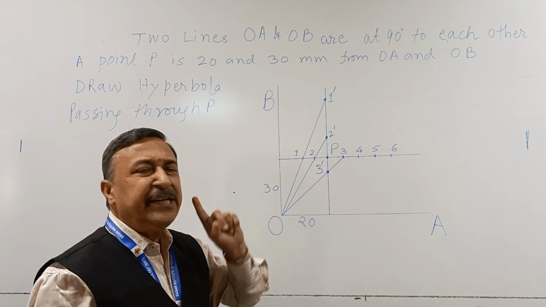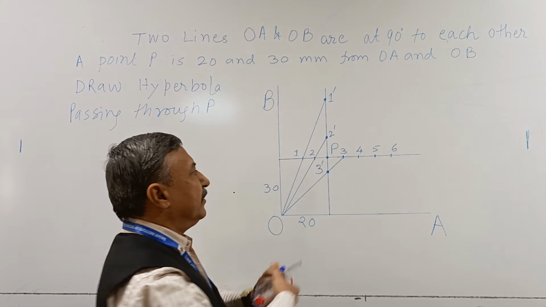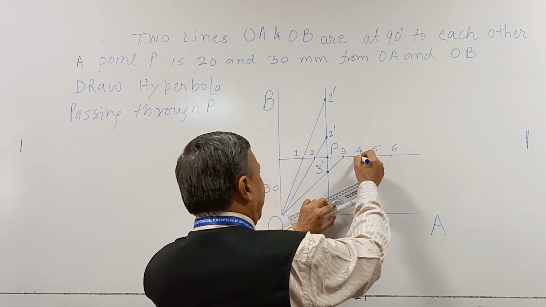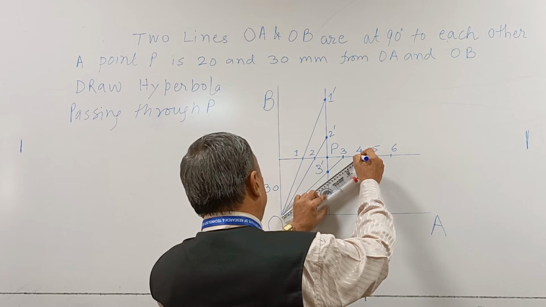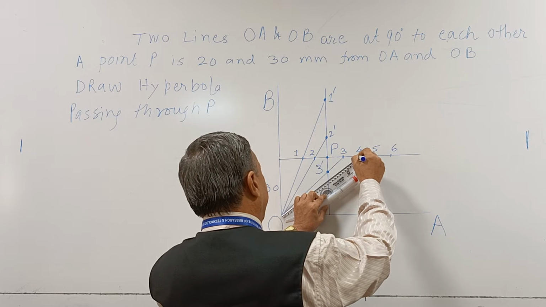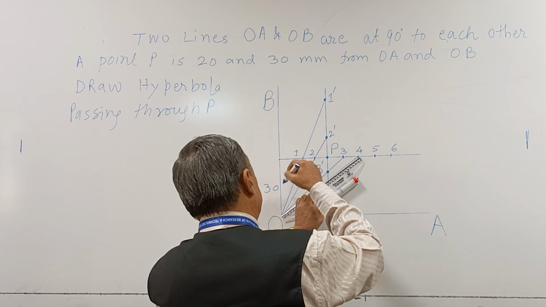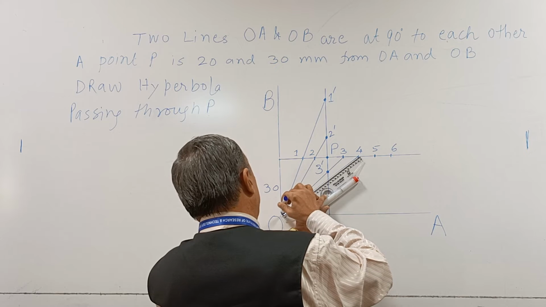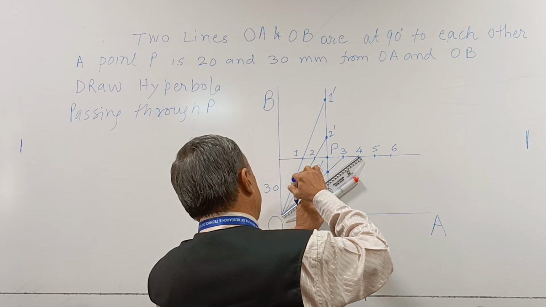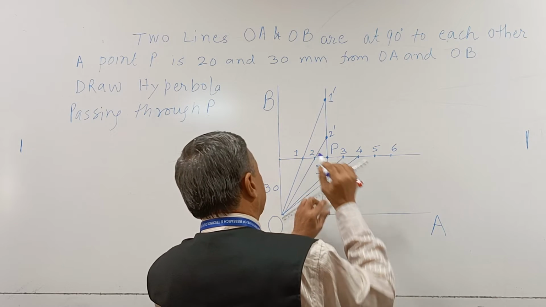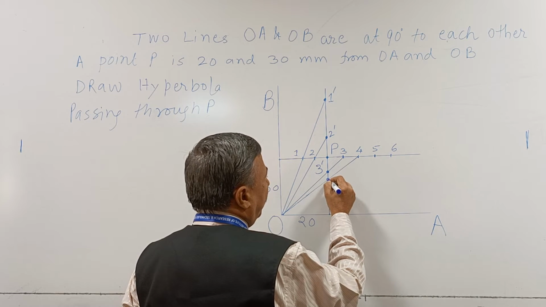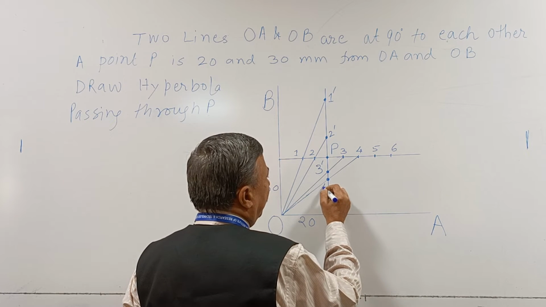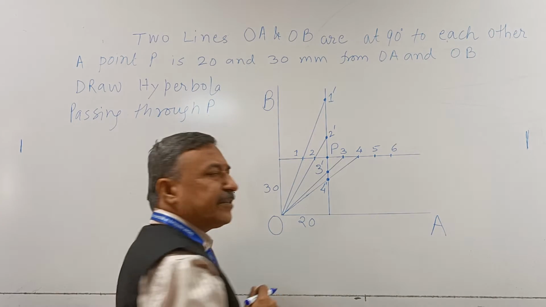So this is our point 3 dash. Now if we join 4 to O, same way, you get point 4 dash.